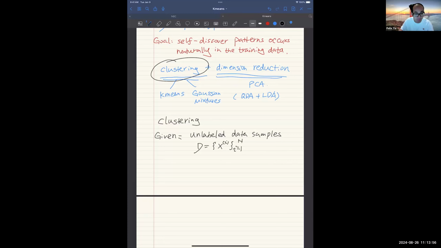Obviously it's unlabeled, which means we don't have any y's. We also need to specify the number of clusters, which is K. The goal is to group those examples into K clusters.